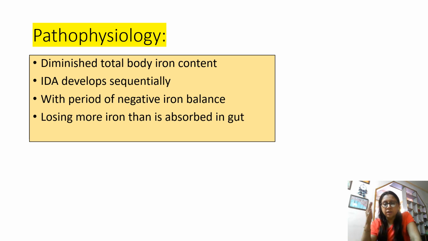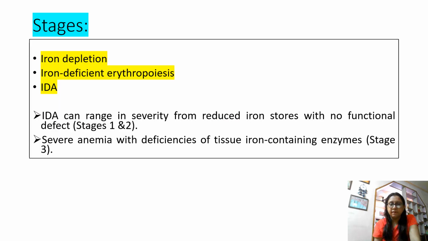It follows a sequential order to give you overt symptoms of iron deficiency anemia. So initially what happens? There is a period of negative iron balance, which the body tries to adapt to. Then losing more iron than is absorbed in the gut results in negative iron balance, and consequently you get iron deficiency anemia. So as I said, there is a sequential development of iron deficiency anemia.